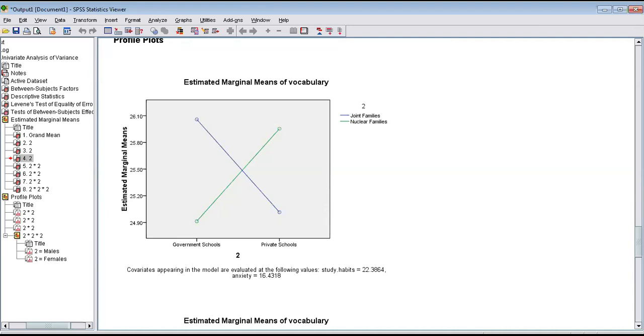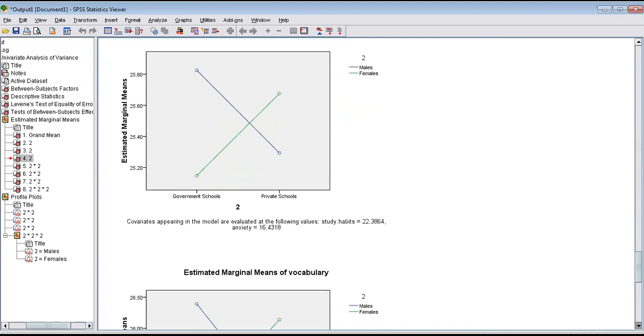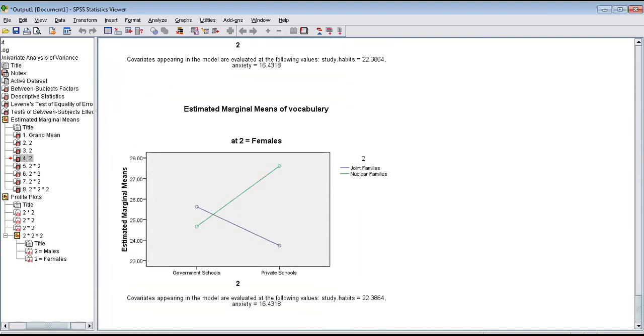In case of ANCOVA, it is the adjusted F value, and in case of ANOVA, it is the F value. So until and unless you have a significant F value or adjusted F value for the interaction, whatever the graph may show, you should not plot it. Further here also you can see, and here also. So don't worry about it.